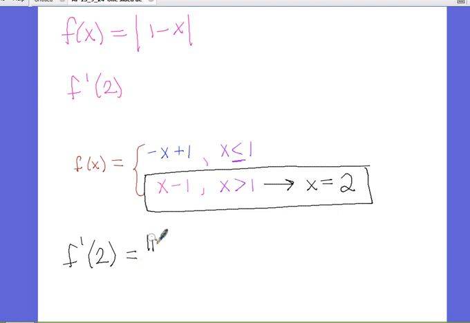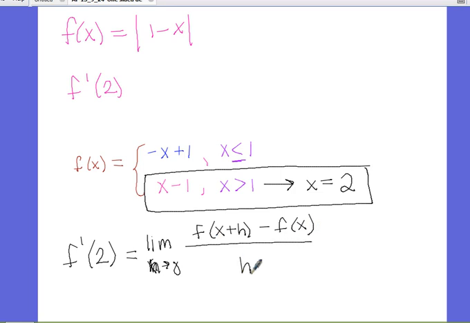Therefore, I would do the limit as h goes to 0. Notice I don't have a plus or a minus. I'm literally just going h going to 0 of f of x plus h minus f of x all over h, and I would only use the function x minus 1.